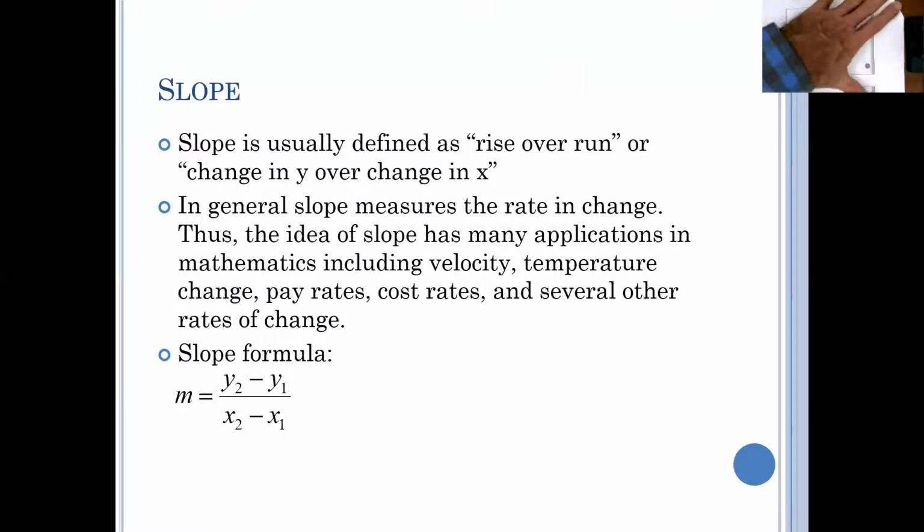So how do we understand slope? The first thing we're going to do is look at 2 points on a line and determine the slope between those 2 points. As you can see, this formula, m equals y2 minus y1 over x2 minus x1, will give us the slope of a line passing through those 2 points.